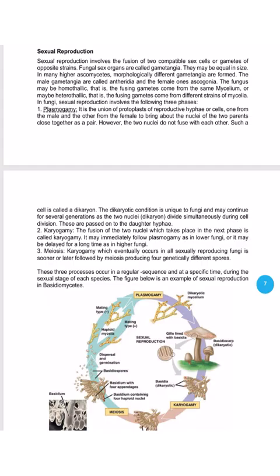That is why at this stage the hyphal cell is called a dikaryon. Dikaryon means it has two nuclei. So there is no fusion between the two nuclei at this stage. That is why we call it plasmogamy. From its name, plasmo means the protoplast of the hyphal cells.